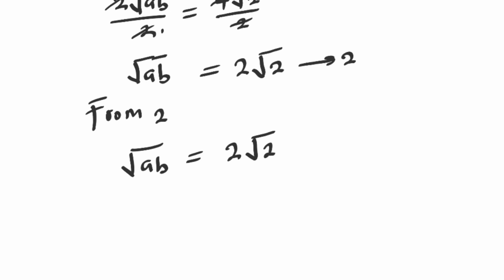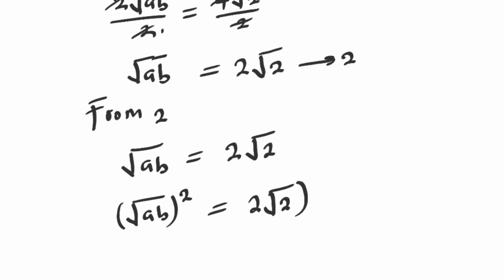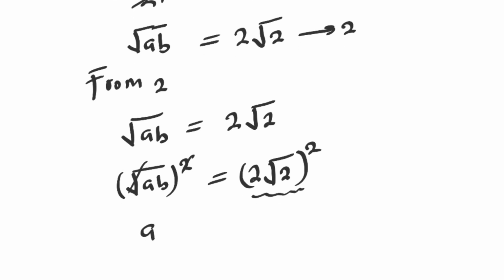We have square root of ab, all squared, is equal to 2 square root of 2, all squared. The square cancels the square root, and then here we will have ab is equal to 4 multiplied by root 2 squared.